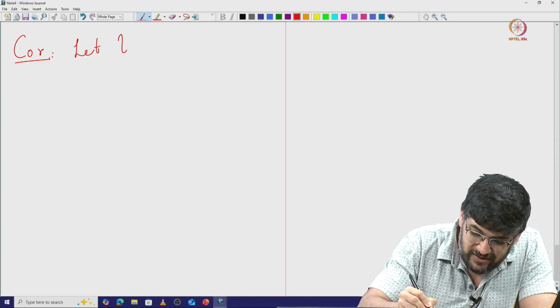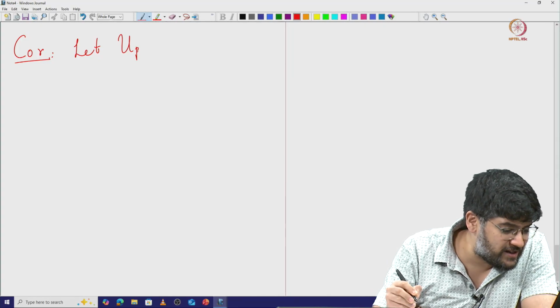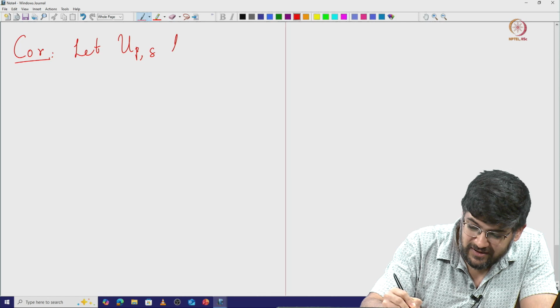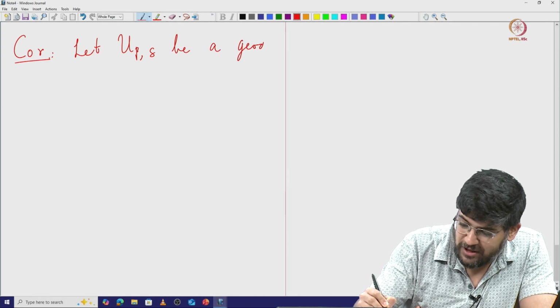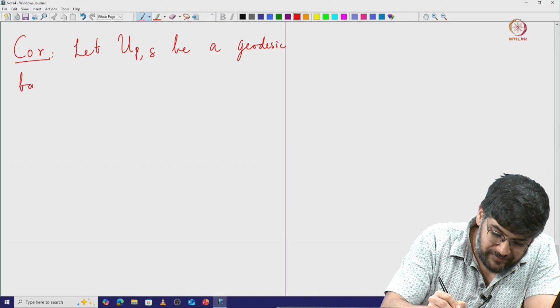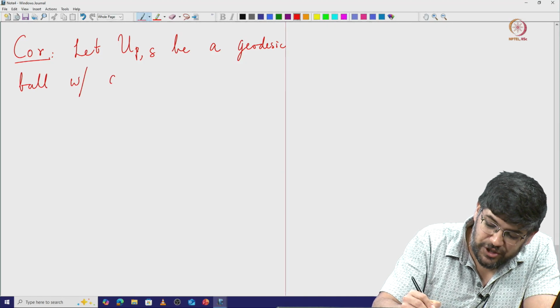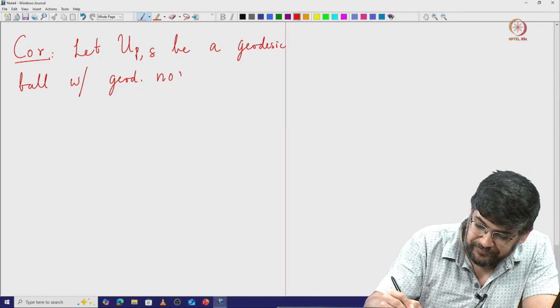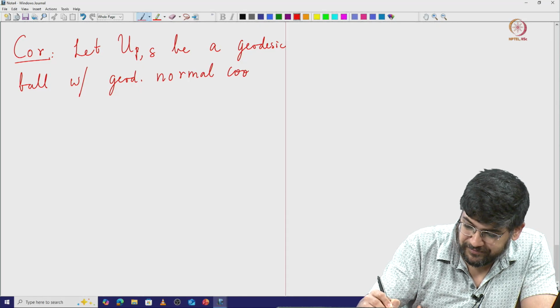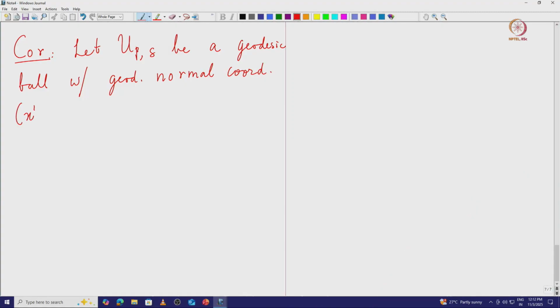So let B(p, delta) be a geodesic ball with geodesic normal coordinates, then as before. So let R_p and del by del R_p be as before.